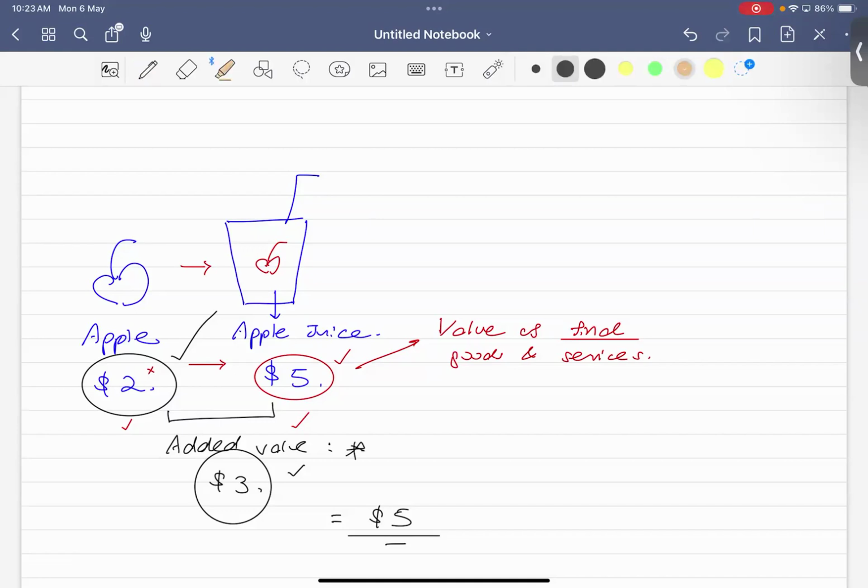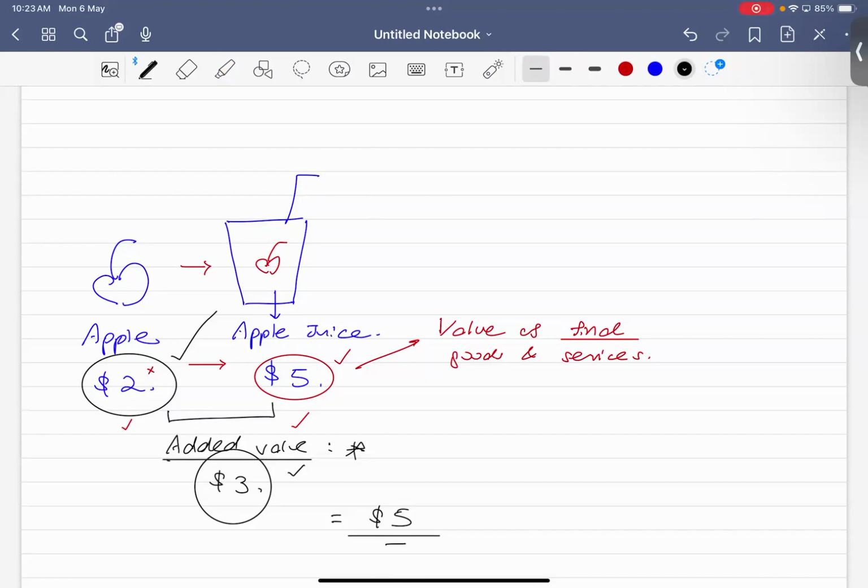Because if I take this 2 and 5, it becomes 7. There's double counting already because the apple is already inside here. So I shouldn't even take the 2 ringgit. Therefore, this is why we say that if you want to use the output approach, you either look into the final goods and services or the added value. Okay.